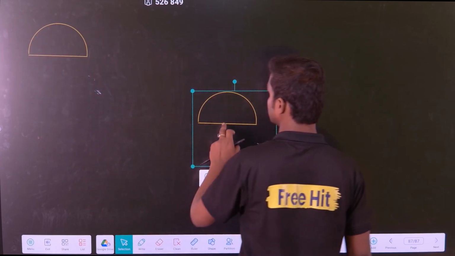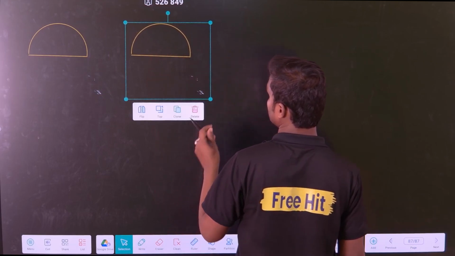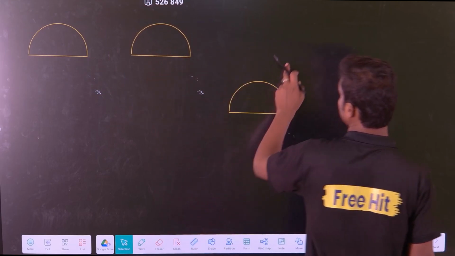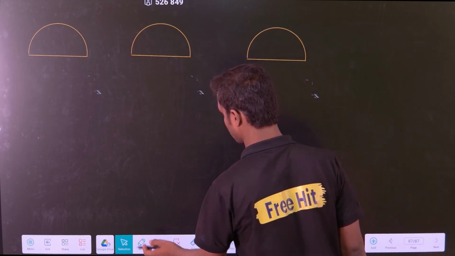Similarly, we have another hemisphere here, and similarly we have one more hemisphere here. Suppose these are the three different hemispheres.